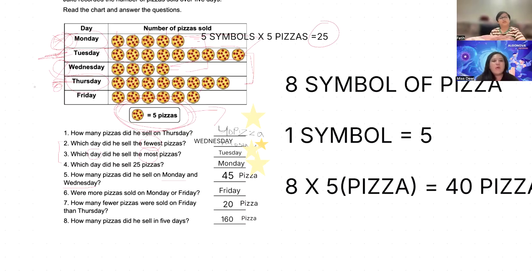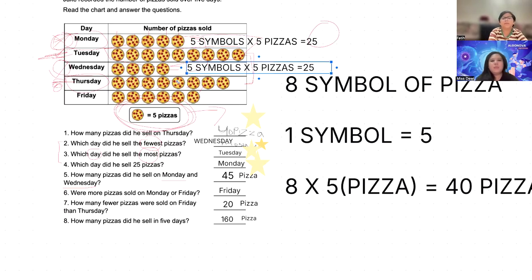It means 4 symbols times how many pizzas, Fatih? 4 symbols times 5 pizzas, or 4 times 5. It's multiplication of 5. 20.